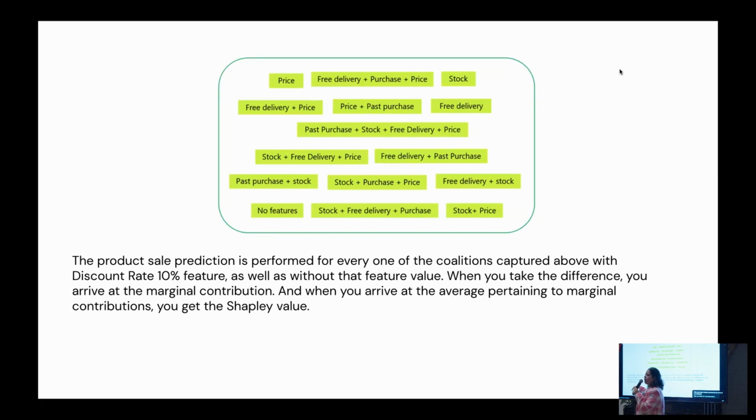Now I wanted to find out how important the discount rate as a feature was for me, right? So I made these different coalitions and found out how important each feature or the combination or the subset of features was over the probability distribution, right? So this is just a basic understanding of SHAP.